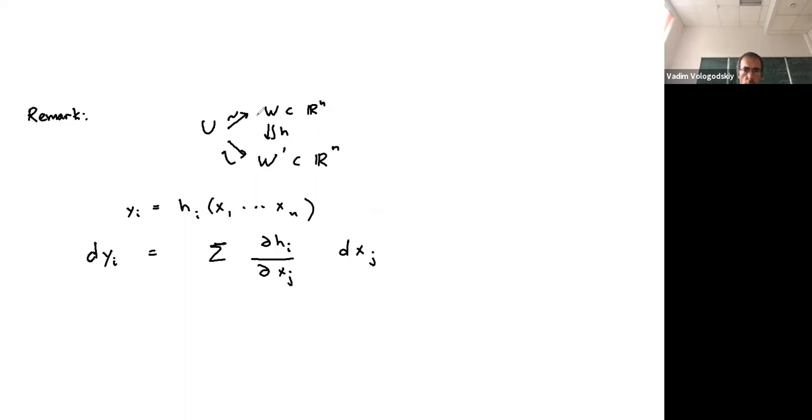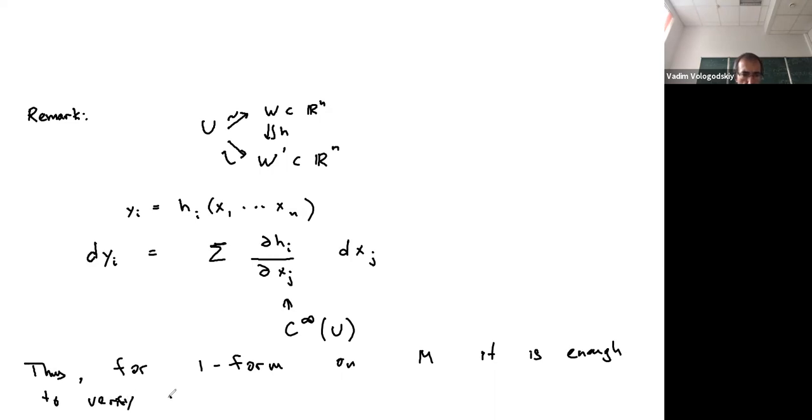So if these two maps are smooth, then this is a smooth function. So in particular, you see that dyi can be expressed as a combination of dxj, and the coefficients are smooth functions.